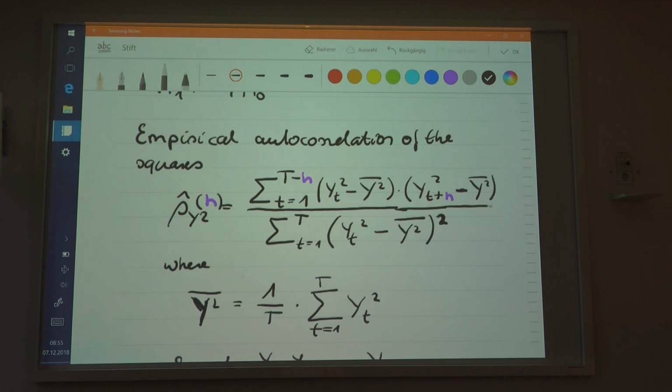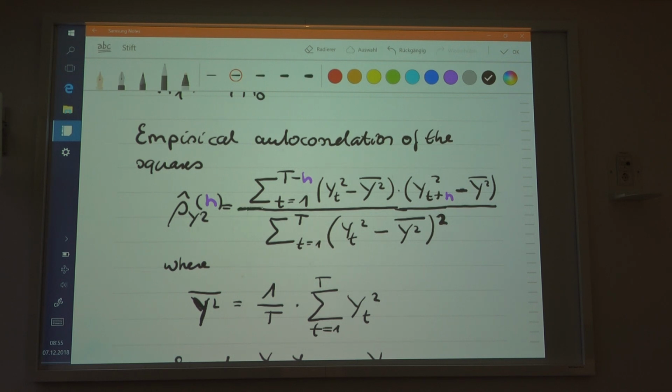It doesn't matter that the sum in the numerator has fewer summands than the sum in the denominator; it doesn't make any difference. Usually, if you had the empirical variance, you would have 1 over T here and divide by the empirical variance, but this is simplified this way.